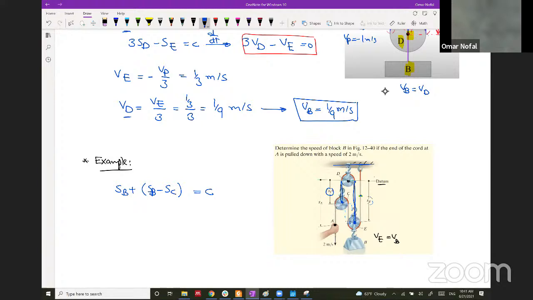So we need to get this too. So it will be SB plus YB minus YC.